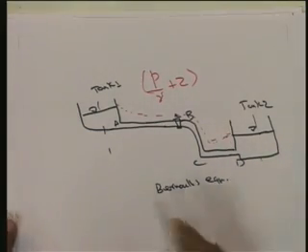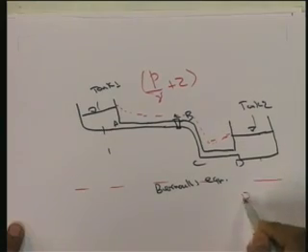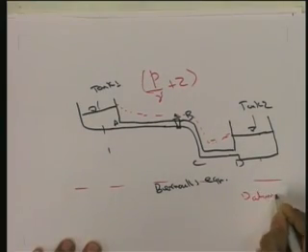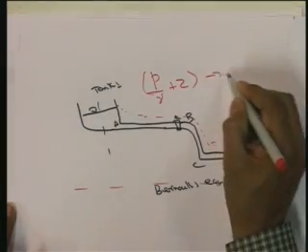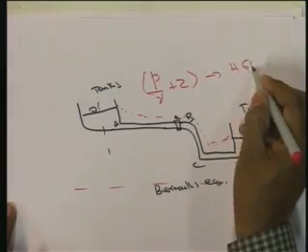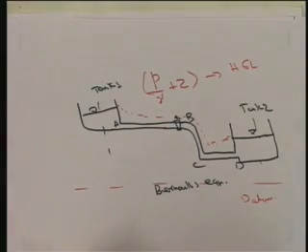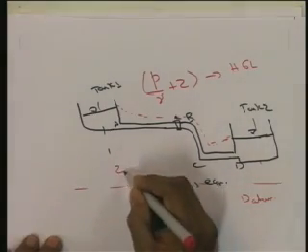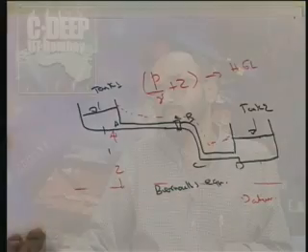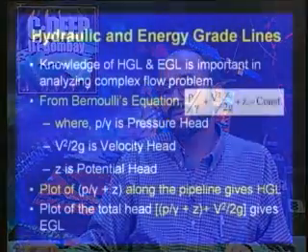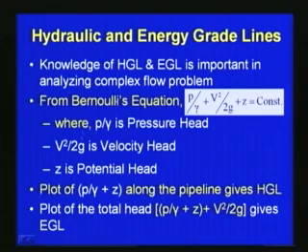If this is the datum, then we can plot P by gamma plus Z. That gives the hydraulic gradient line, HGL. And the plot of P by gamma plus Z plus V square by 2g gives the energy gradient line. So these two lines we can plot with respect to the given pipeline system.